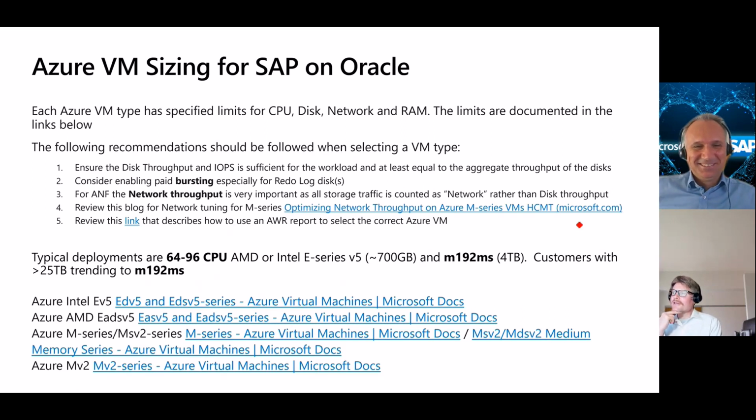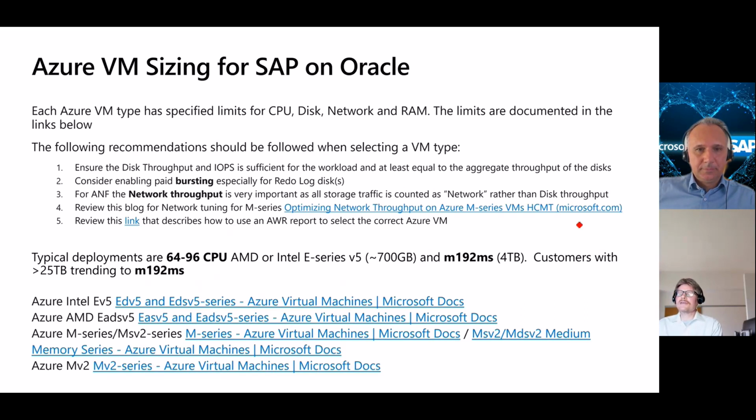The blog we discussed at the beginning of the session on optimizing network throughput would definitely be applicable for ANF and would even be applicable for any large Oracle system as well. I put a link in that is a step-by-step procedure.